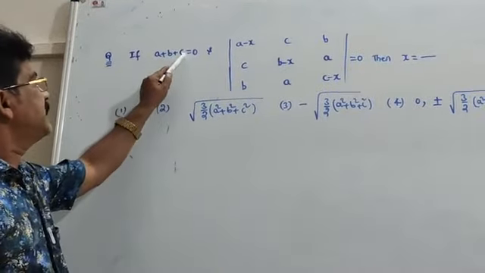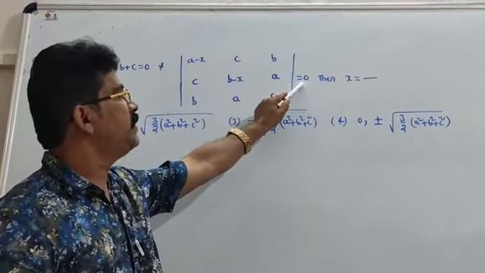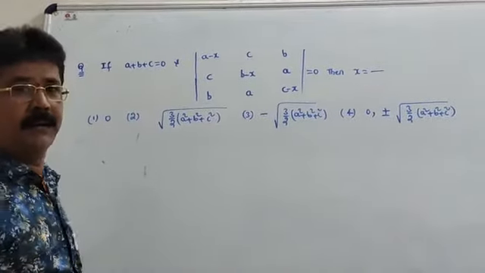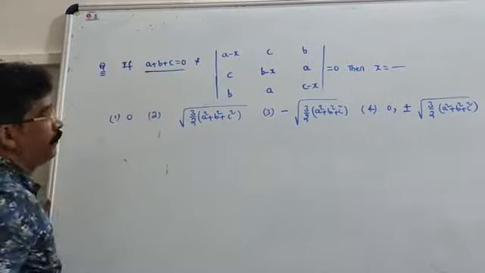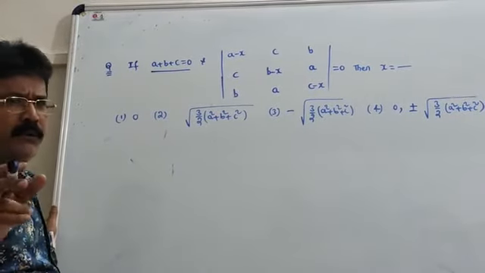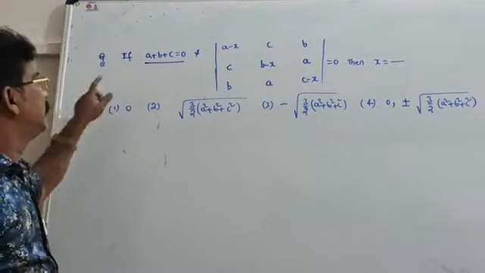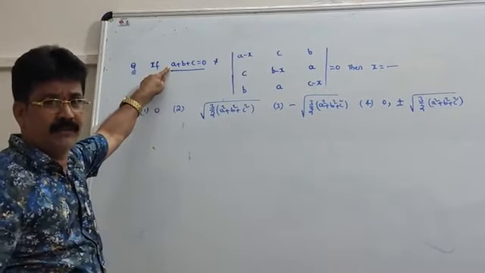If a plus b plus c equals 0 and a certain determinant equals 0, then what is x? Four options are given. Remember, one condition is given. Is it possible to take values of a, b, c so that the given condition is satisfied?